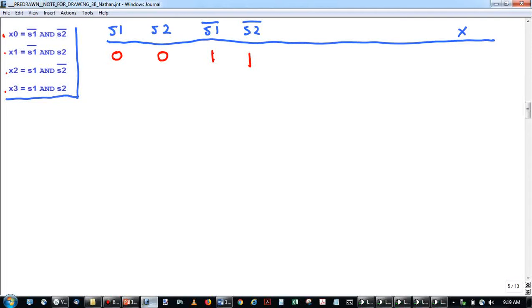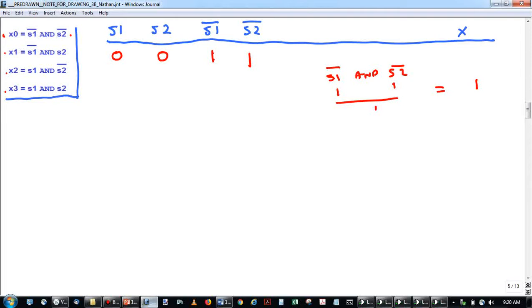So let's look at the first one. X0 is not S1 and not S2. So not S1 and not S2 is 1 and 1, which is 1. So the answer is 1.